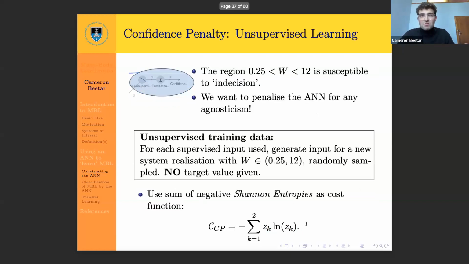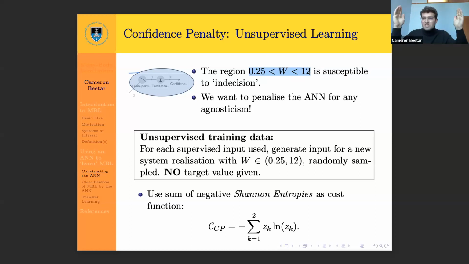Now onto the unsupervised learning. The unsupervised learning is not actually completely necessary, but the reason we implement it is that we're interested in the transition region between the definitely localizing and definitely thermalizing states.